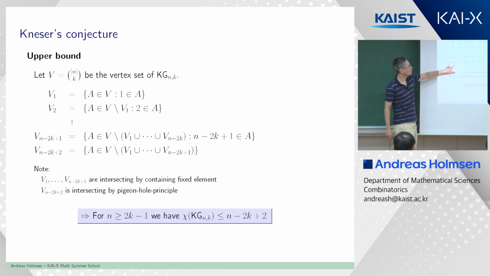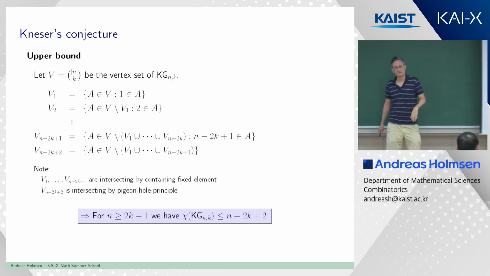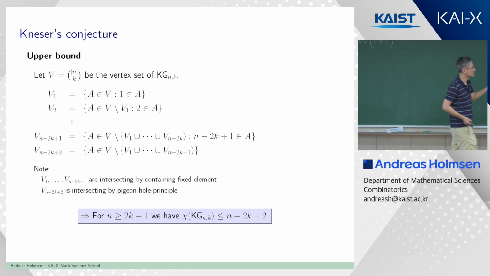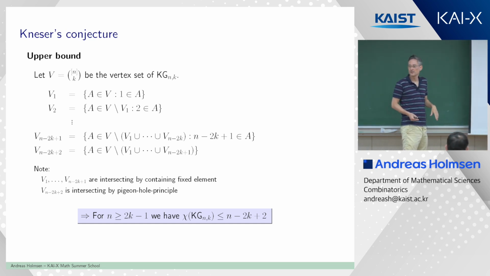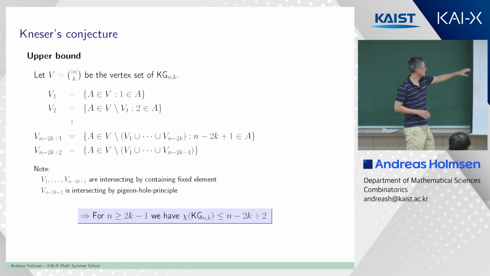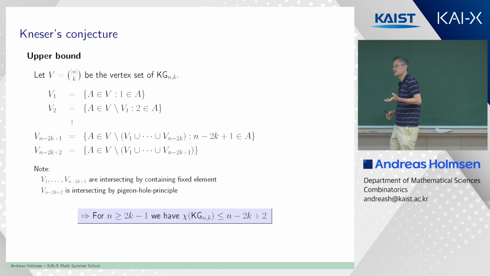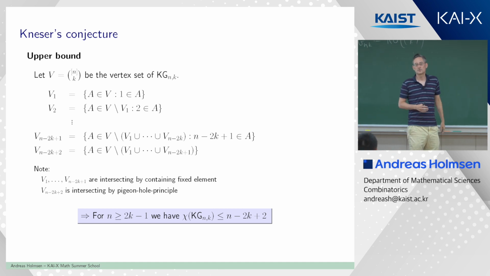Then, how many elements are left in your set? Exactly 2k minus 1 elements are left. You removed 1, 2, 3, all the way up to n minus 2k plus 1. So the remaining sets are subsets of a set of size 2k minus 1.